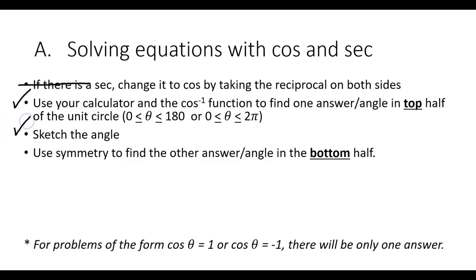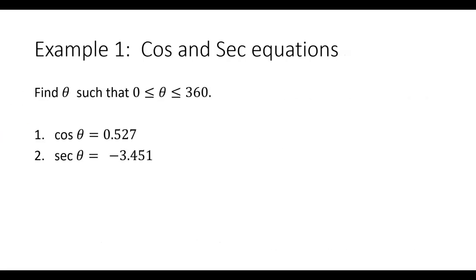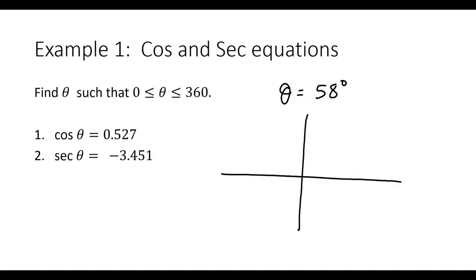Now, what I want to do is sketch that angle out. I want to sketch the answer I just got. So we just figured out that theta, one of my answers, is 58 degrees. So I'm going to sketch that now. Where's 58 degrees at? Hopefully you know that 58 degrees is somewhere around here. Now I need to use symmetry to find the other angle.